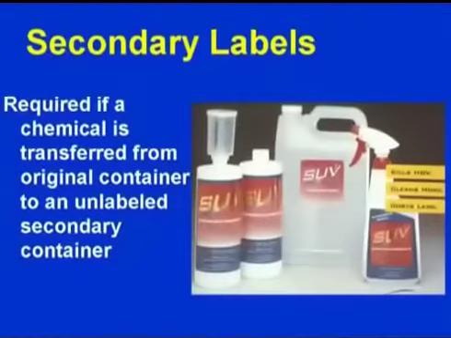Secondary labels are different from biohazard labels. You can see in the photograph the larger white container, which is a quaternary ammonium material, is a secondary container. The primary container contains the concentrate, which is then diluted in that secondary container.